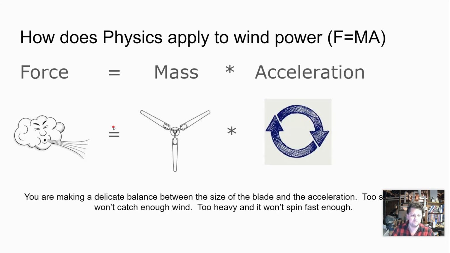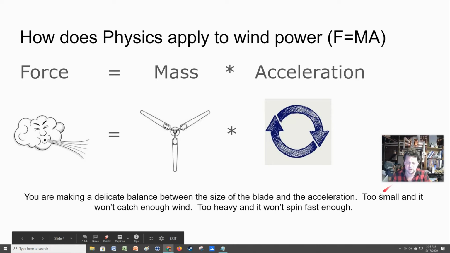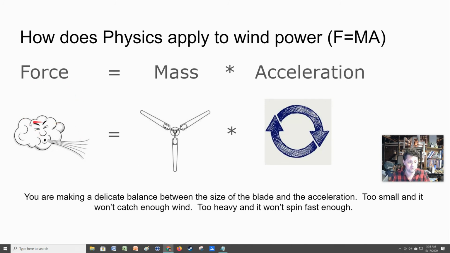And then we want to talk about how the physics that we've learned so far this year applies to wind power, or specifically, how does F equals ma apply to wind power? I'm going to give a brief overview of this right now. You may need to research it more on your own or come and find me during a tutorial for more information. But basically, we know that the force, in this case the force of wind, is equal to mass times acceleration.